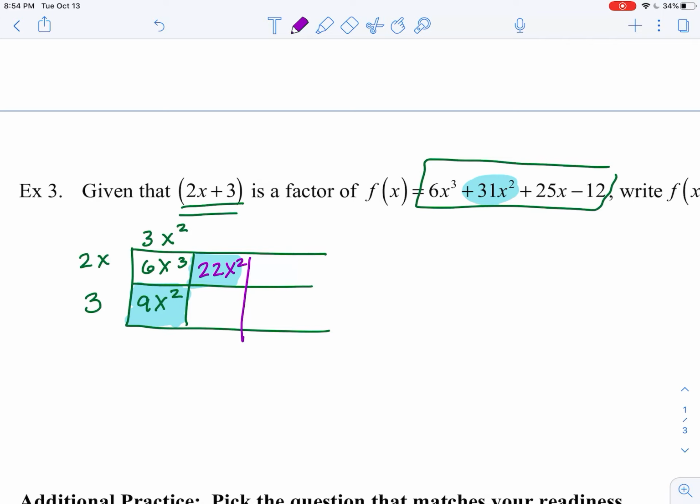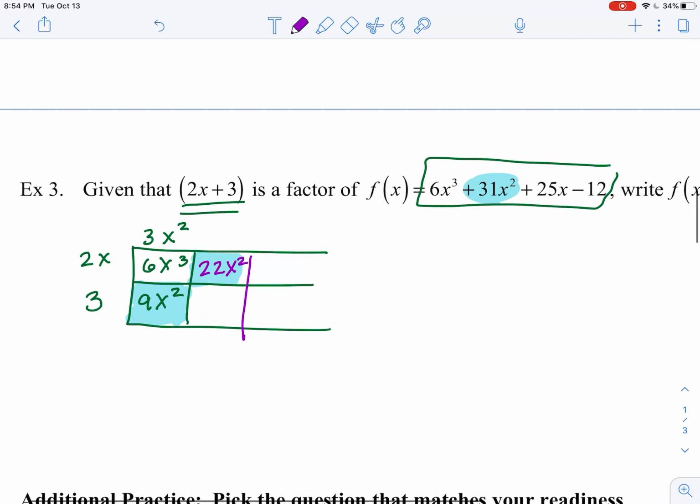Now I can start my process over again. 2x times something has to give me 22x squared, so I'd have to multiply by 11x to get that 22x squared. And that 11x is also going to multiply by the 3 to give us 33x.